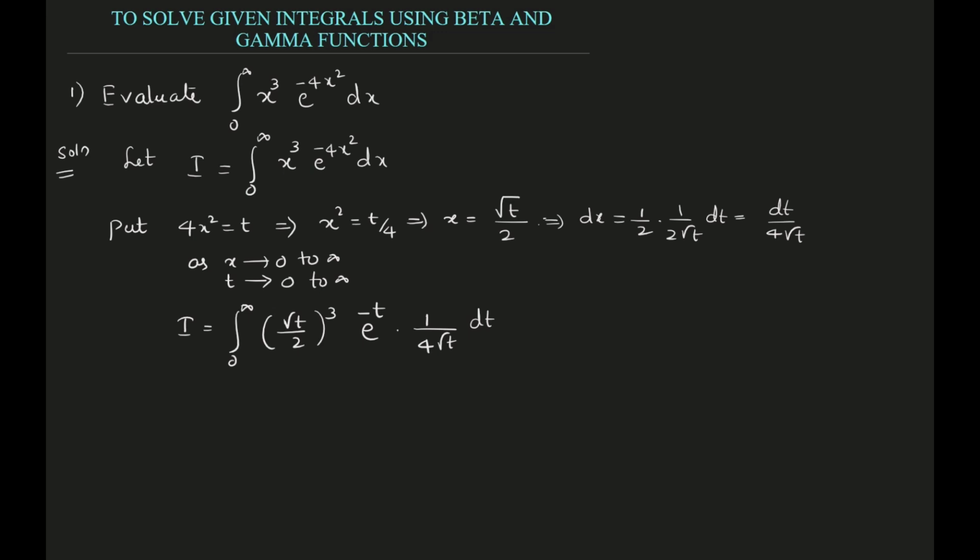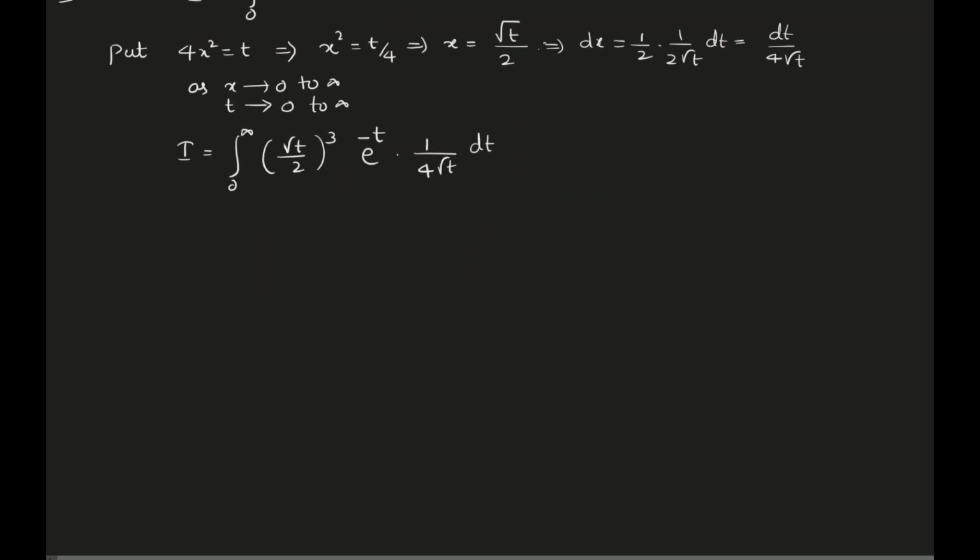Okay. Now take 1 by 4 outside the integral. Then 0 to infinity, we'll write e raised to minus t. Now root t raised to 3 can be written as t to the power 3 by 2, divided by 2 cube. 2 cube is 8.